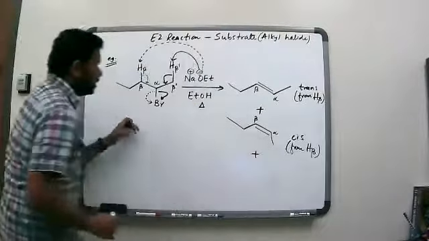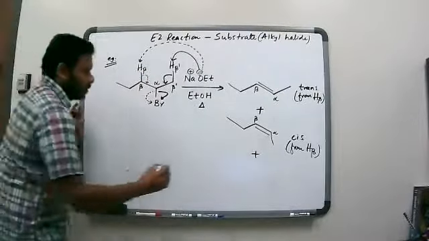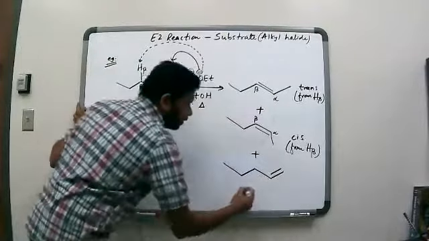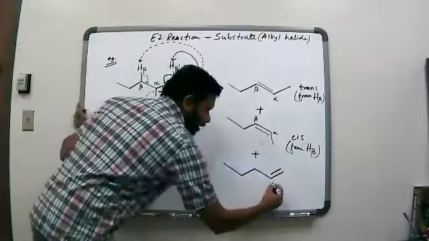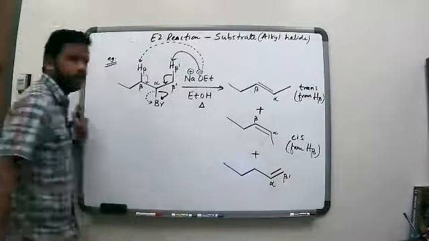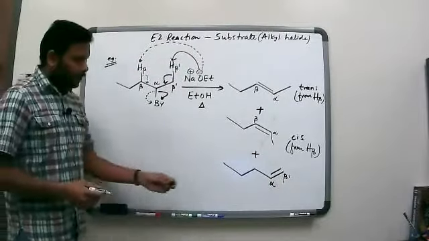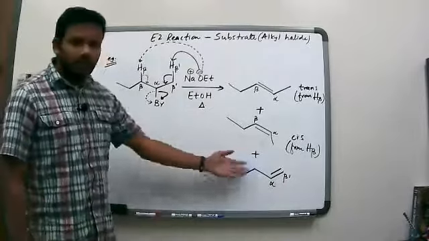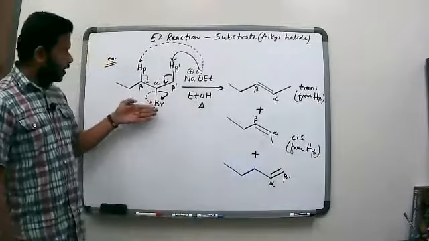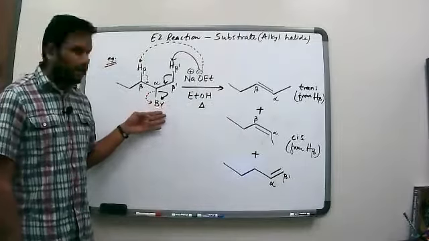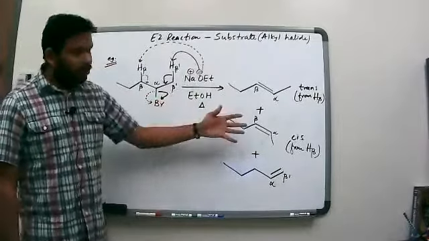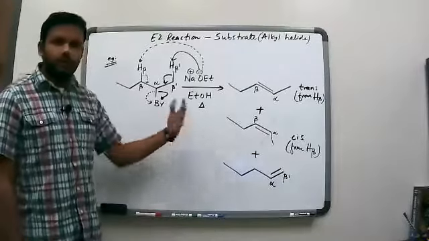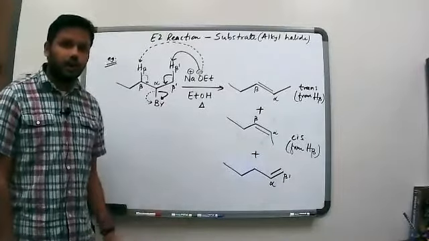And this should give me another product now, where we have 1, 2, 3, 4, 5. The double bond is between alpha and beta prime carbons. Now, in this particular case, I cannot draw trans-cis or E/Z, whichever way you call it. So that means when I have a substrate like this, an alkyl halide like this, there are 3 products that we can expect from this reaction. And we should be able to tell which one is the major product here.